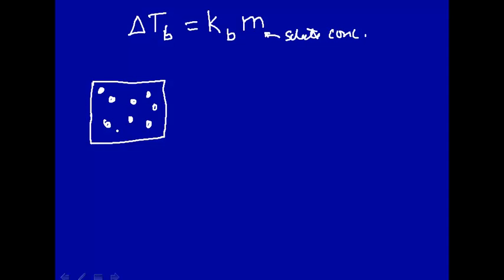There's our solvent molecules, and then we have solute, which is the open circles. Now when we boil something, what happens is that we go from the so-called liquid state, so I'm assuming that the solute here is in the liquid state, the solvent is in the liquid state. We're looking at the boiling point of the solvent, so let's just consider the solvent. So what you have to do is take that out of the solution and put it into a gas.